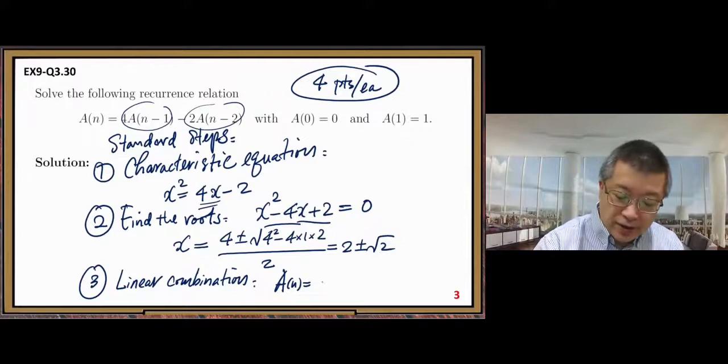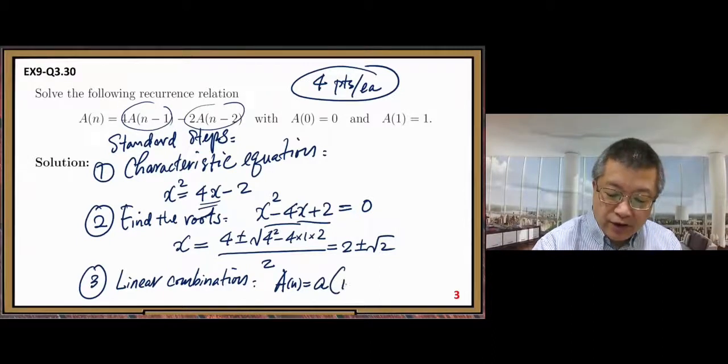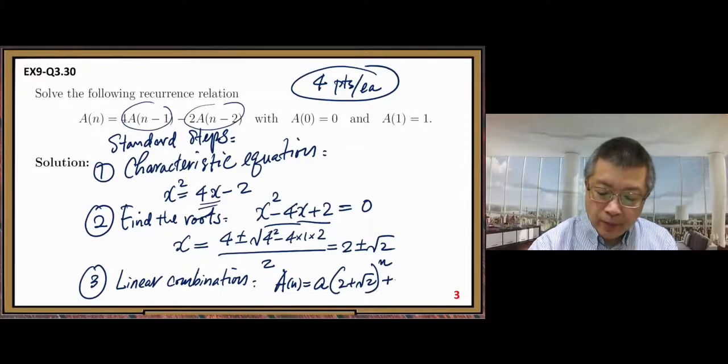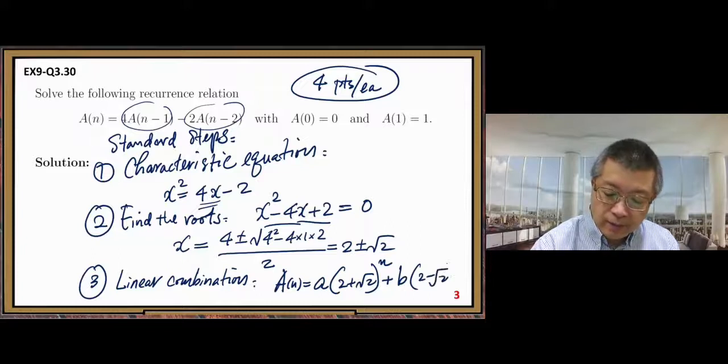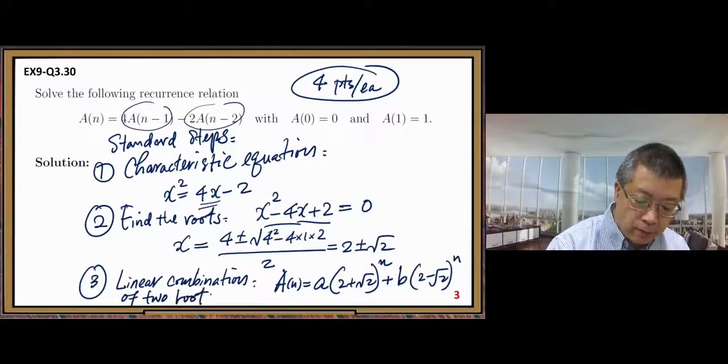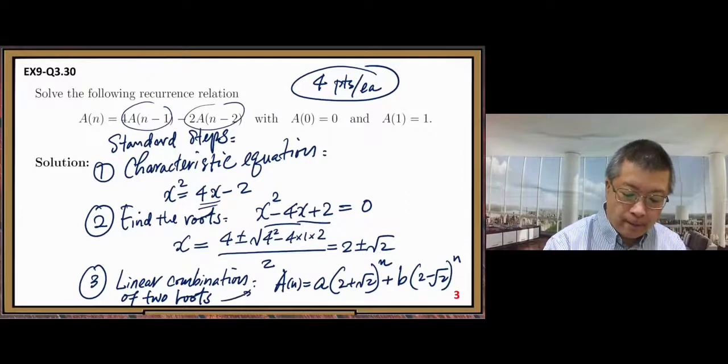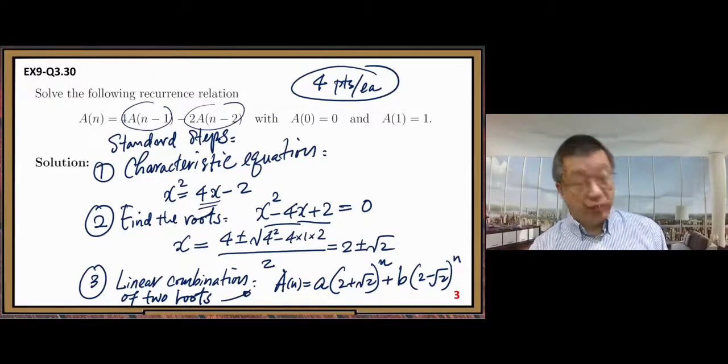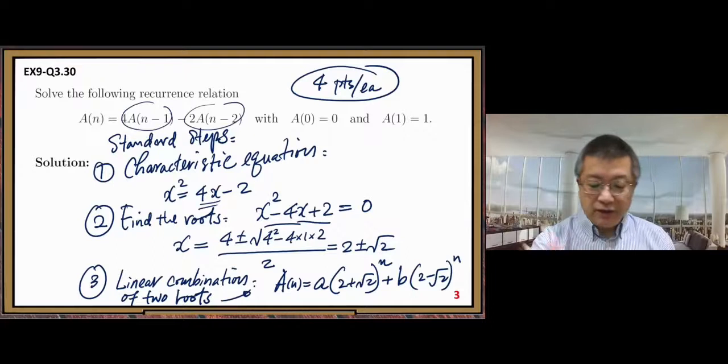So little a first root, 2 plus root 2 to the n, b 2 minus root 2 to the n, linear combination of two roots, for the general solution expression. So that's step 3, and then the last step, step 4.